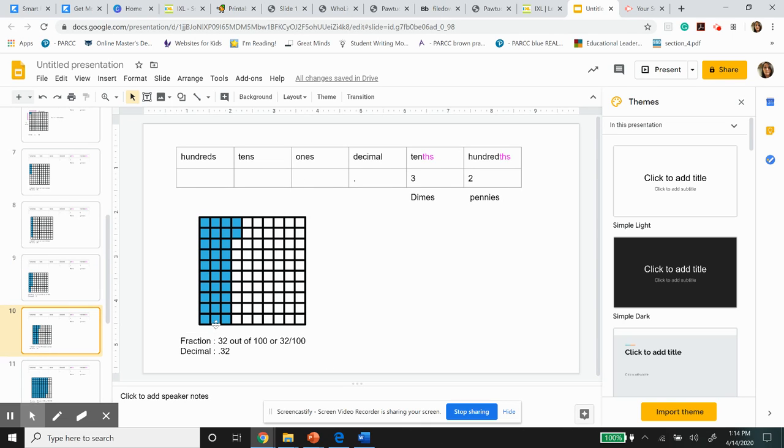Same thing here. So 10, 20, 30, 2. 32 out of 100, which is 32/100ths, and 0.32, right? 32/100ths.